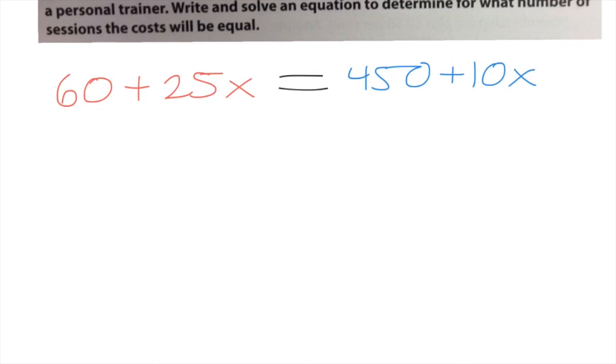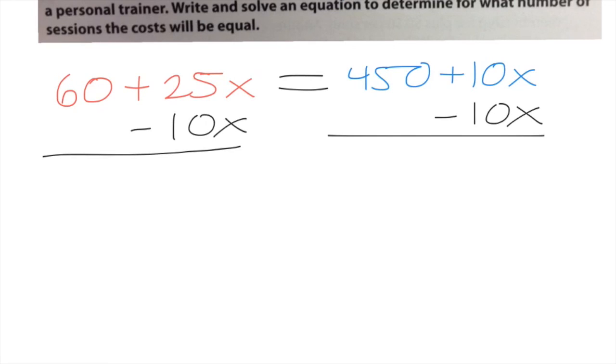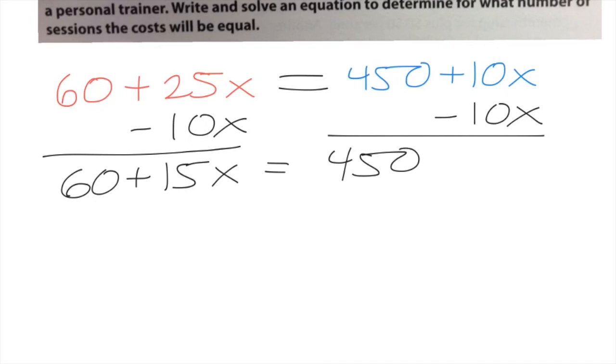Now I can solve this. What do I do first? Subtract 10x from both sides. Okay? When I do that, I get 60 plus 15x equals 450. Now I will subtract 60 from both sides.